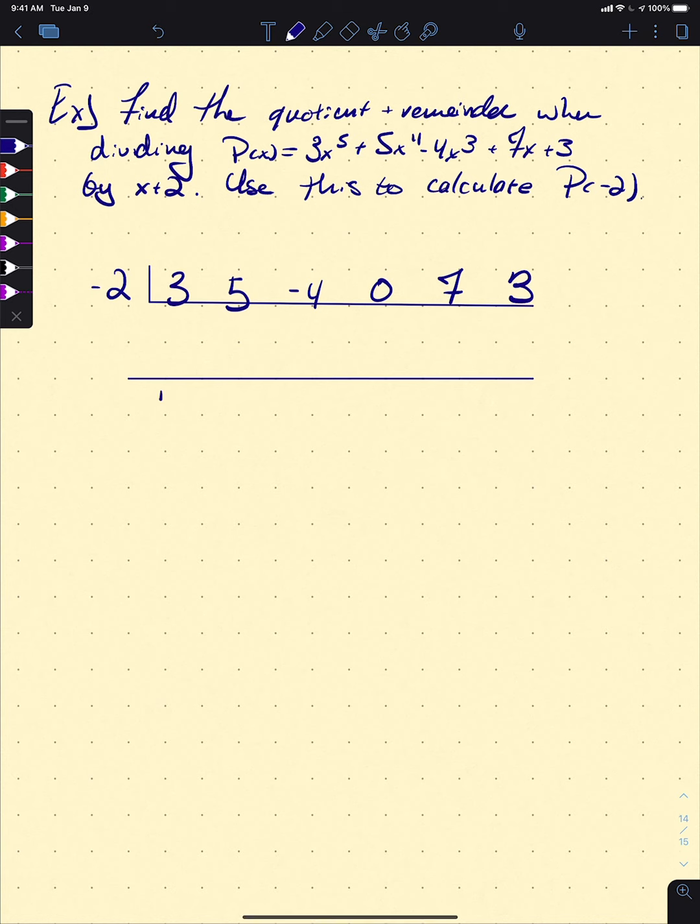So the first thing we do is we drop this 3 down. 3 times negative 2 is negative 6. 5 plus negative 6 is going to be -1. -2 times -1 is 2. -4 plus 2 is -2. Multiply to get 4. Add. Multiply to get -8. Add straight down for -1. Multiply -1 by -2 to get 2. Add straight down to get 5.